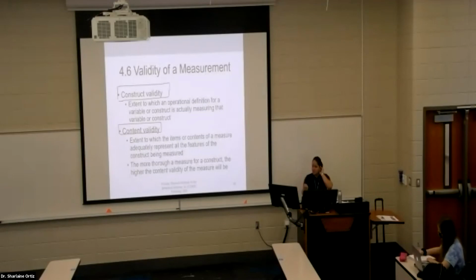Because I'm being so specific and not just saying crying and hyperventilation, because this content is much more specific, I can provide a rationale and say this in fact is the appropriate content to measure this construct, to measure the behaviors or features that I'm trying to measure. The more thorough that measurement is for the construct, the higher that construct validity.